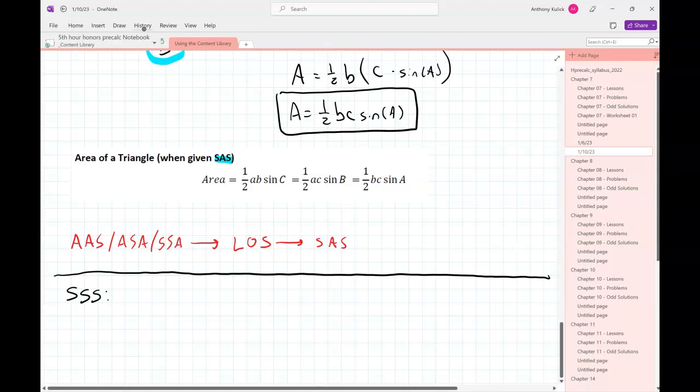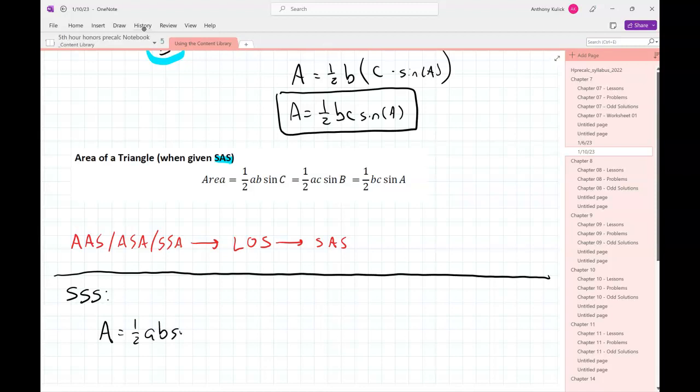All right. So we know that we have area equals 1/2 ab sine C, right?